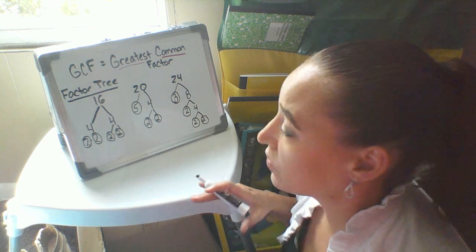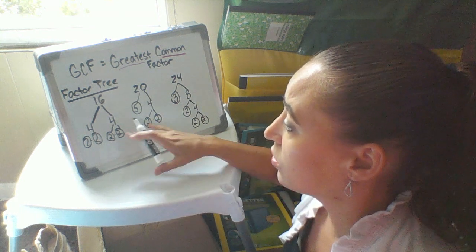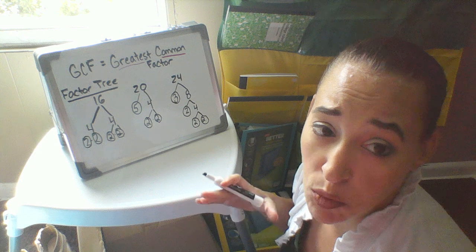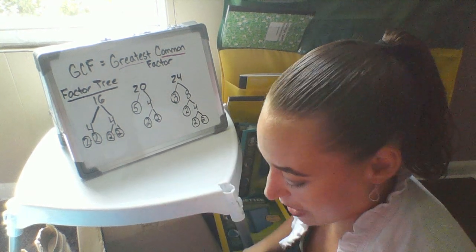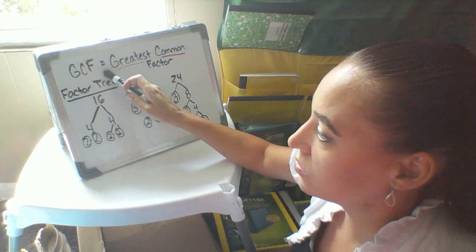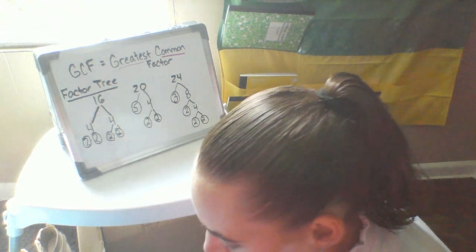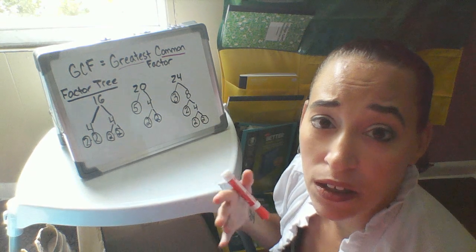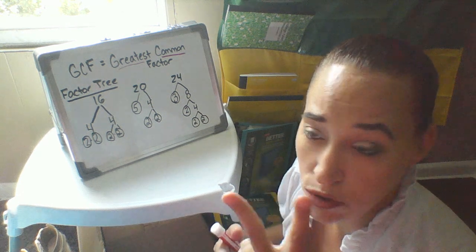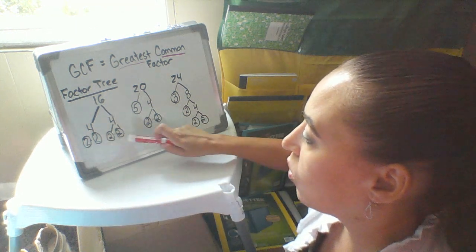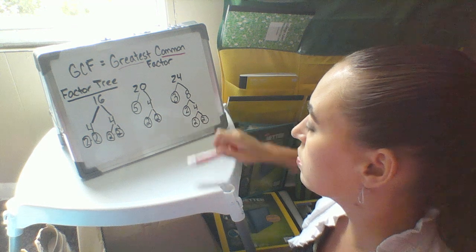So I created the factor trees for the 3 numbers. That's step 1. Remember, though, I'm asking you to find the greatest common factor. So what do they have in common? So step 2. Now I got to look at all the prime numbers I circled.